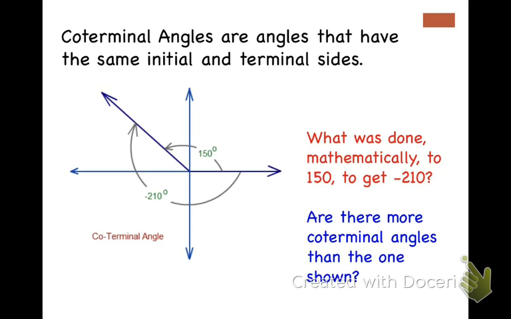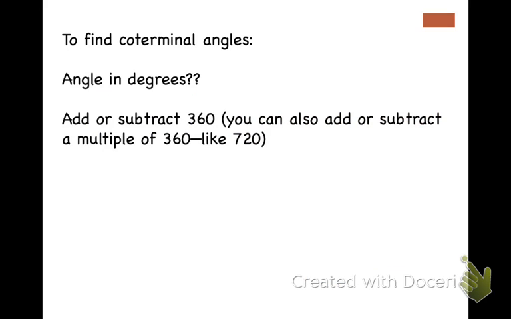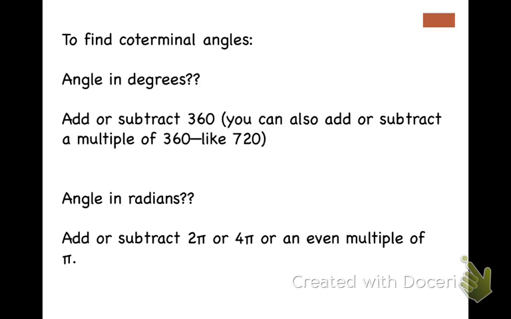So there's more coterminal angles. We just talked about this. You can keep adding 360 degrees, or you can keep subtracting 360 degrees, and that will give us more and more coterminal angles. So for an angle in degrees, you can add or subtract multiples of 360. If you want 2 more revolutions, you can do 720, but it always works to add or subtract 360.